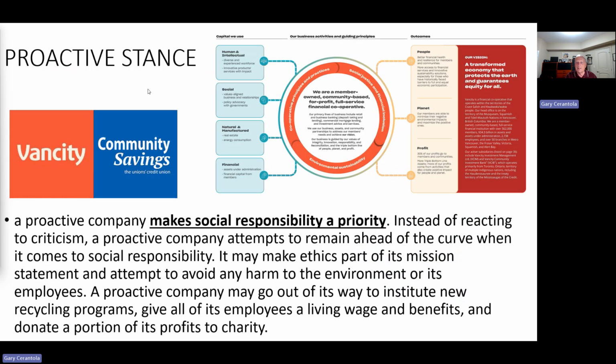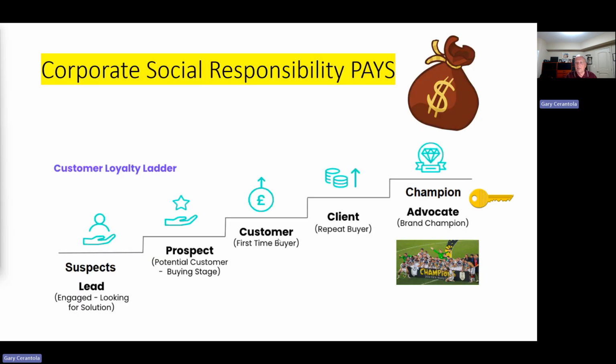But then the proactive stance, and here's this bit about Vancity. You can find out about all the things that they do. They make social responsibility a priority. But guess what? Corporate social responsibility pays.